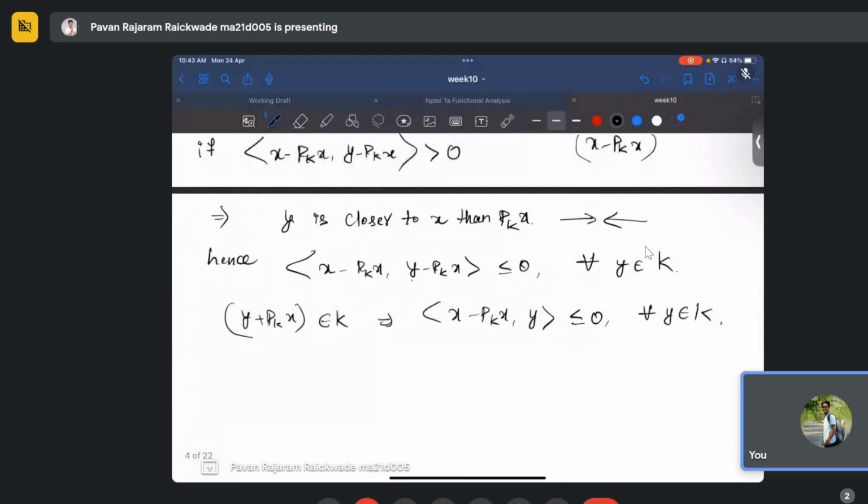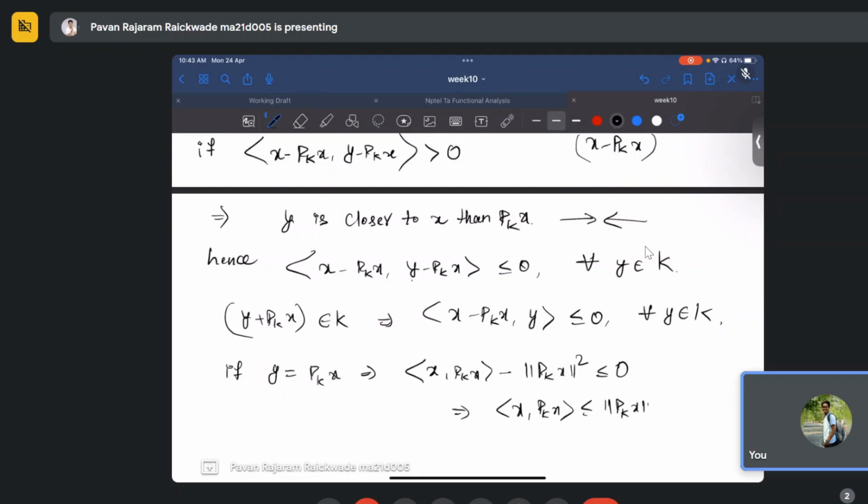If we put y equal to PKx, this implies the inner product of x with PKx minus the inner product of PKx with PKx, which is norm PKx squared, is less than or equal to 0, which implies the inner product of x with PKx is less than or equal to norm PKx squared.